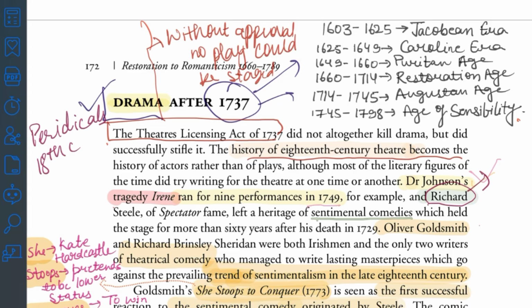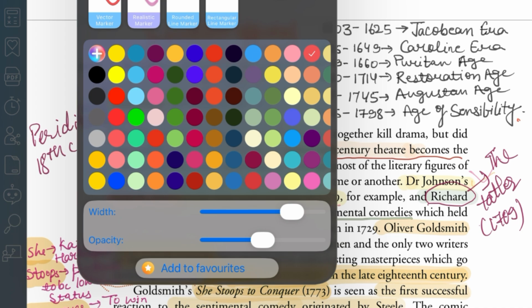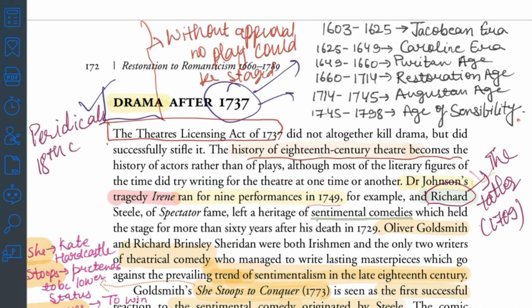His first essay was the Tatler, started in 1709, and he was the first person who started this newspaper and periodicals, but it doesn't become so popular. But this periodical Spectator actually gained the fame.